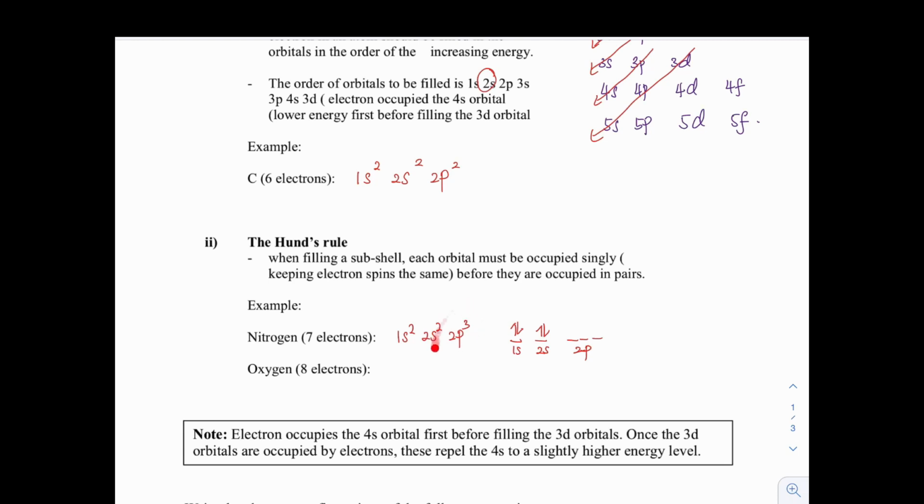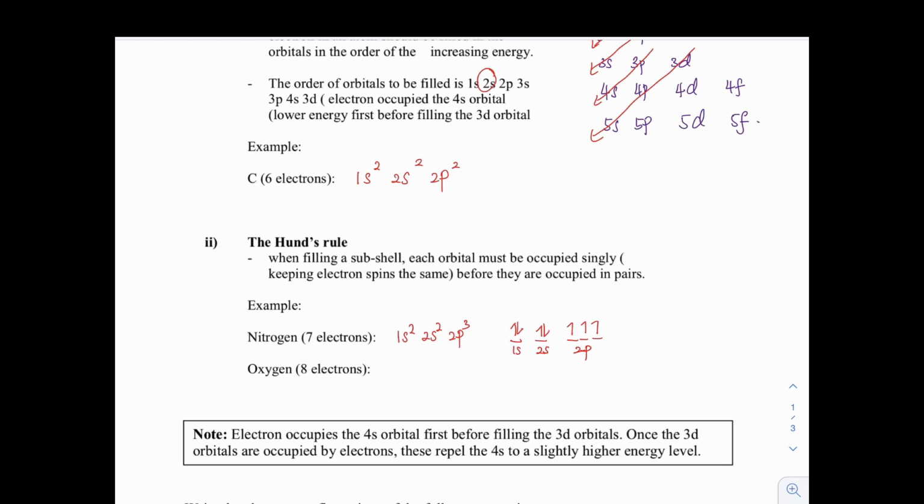But for p, because the p subshell has 3 orbitals, we have to fill up the configuration like this, 1, 2, 3, by keeping the electron spin the same first. That means we have to fill up this part before we put them in pairs. All right, now we'll see one more example.